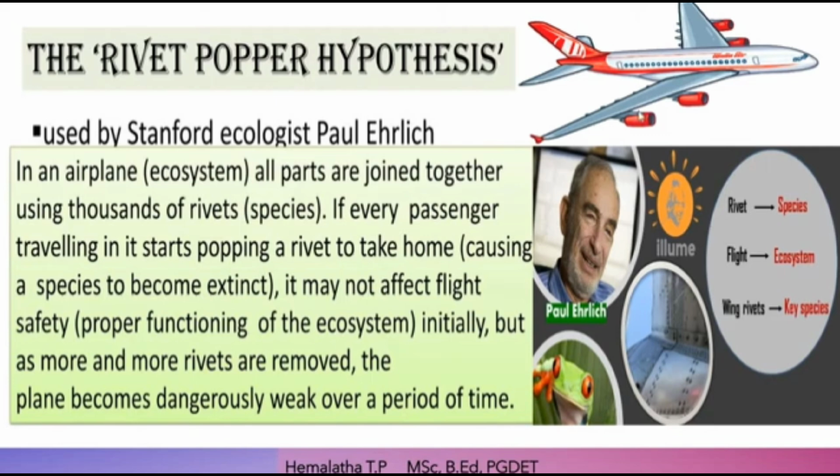So this is how the ecosystem also functions. By loss of one species, the ecosystem might not get affected initially, but gradual decrease of the species day by day results in complete loss of the ecosystem. It will definitely affect the ecosystem because all the species are interlinked and there will be imbalance or it will be complete loss of the ecosystem.